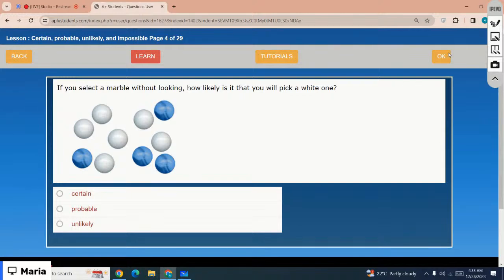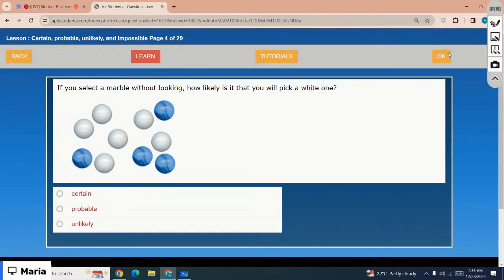If you select a marble without looking, how likely is it that you will pick a white one? Which is the correct option? You have one, two, three, four, five, six.